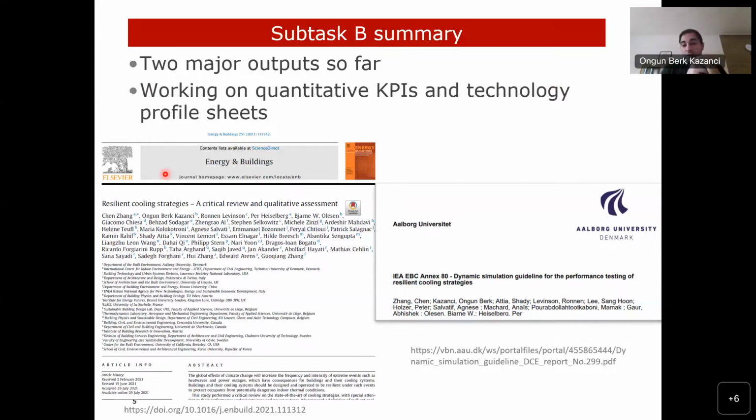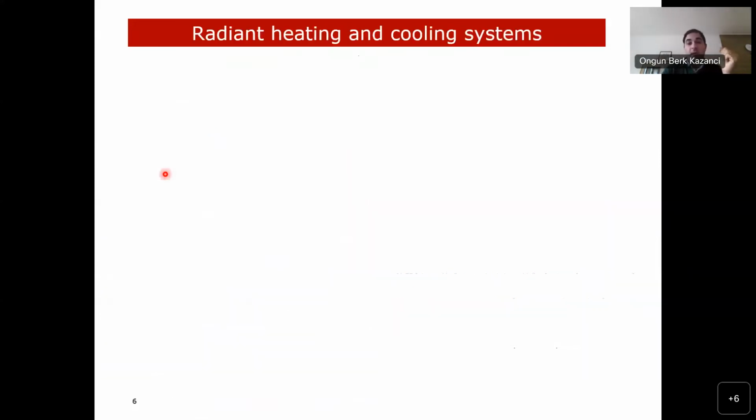And currently what we are working on is to develop quantitative key performance indicators, and then more towards the end of the project to develop technology profile sheets for these technologies that we work with. So this was a very brief introduction to main items of the Subtask B work.